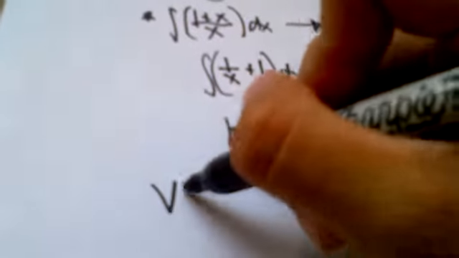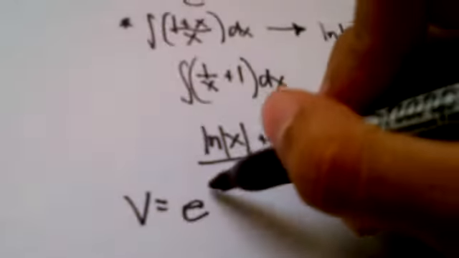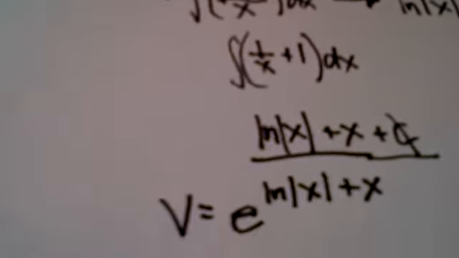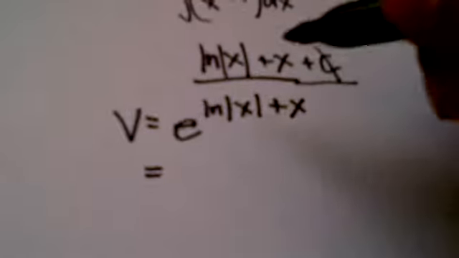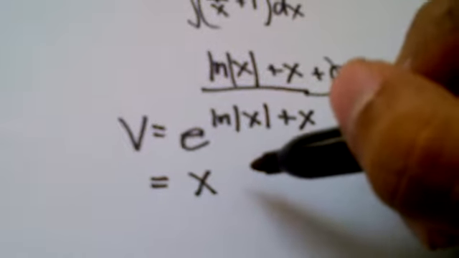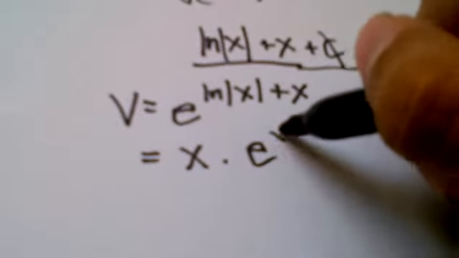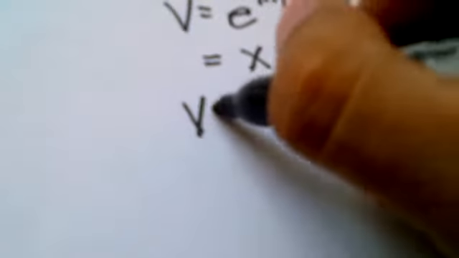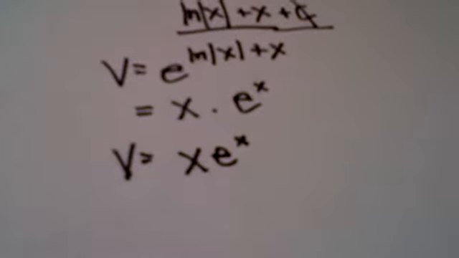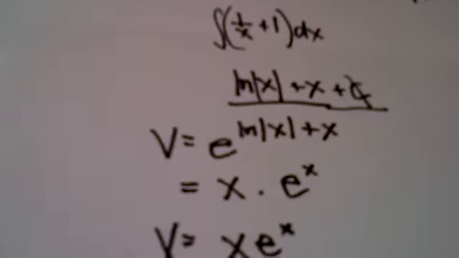So our integrating factor is e to the power of ln x plus x, or we can express this as x times e to the x. So our v is x times e to the x.